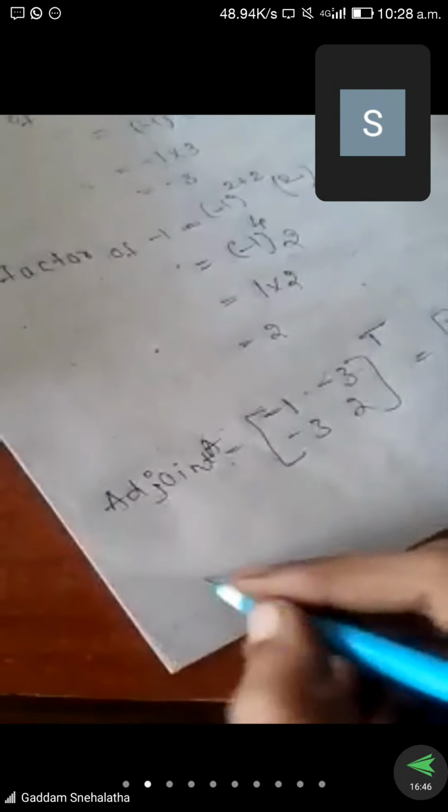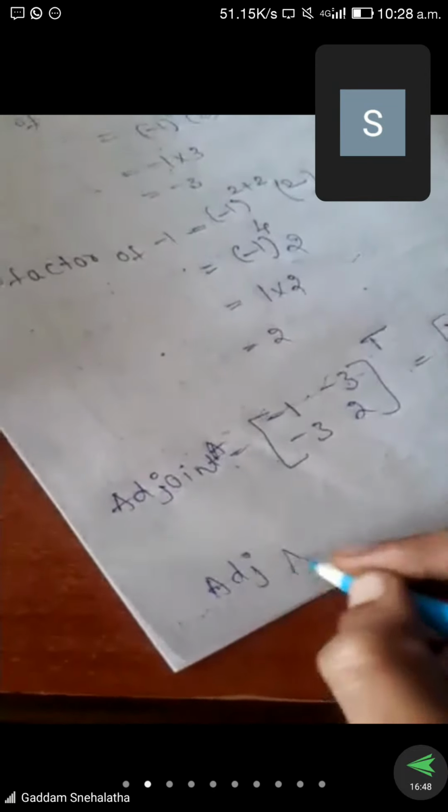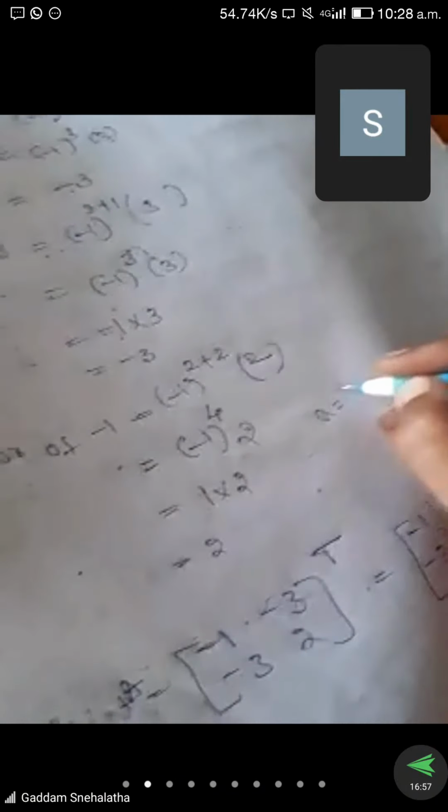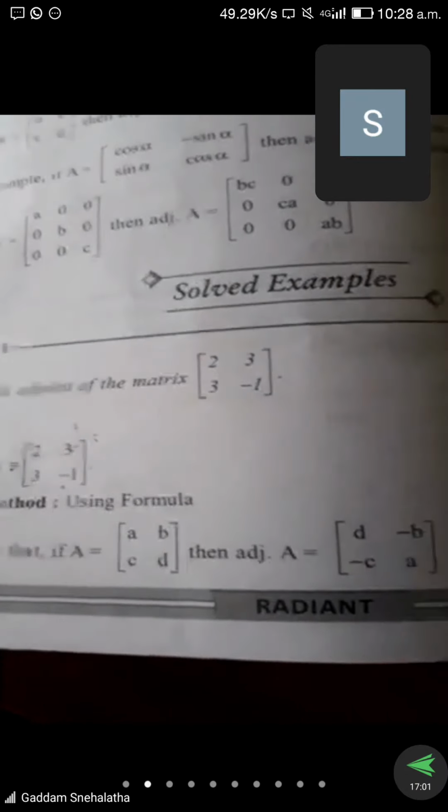Suppose we use the formula directly. Adjoint of A, here we have A, B, C, D. A is equal to 2, B is equal to 3, C is equal to 3, D is equal to minus 1. So what is the formula?